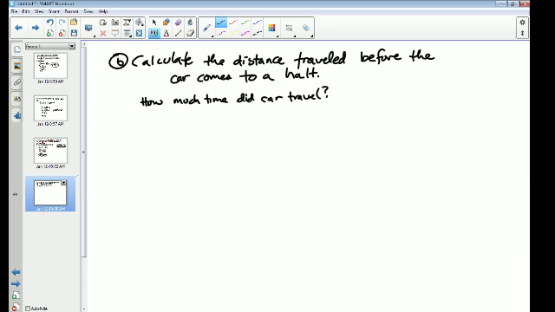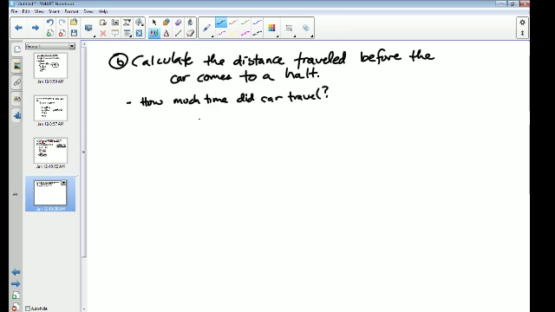That's kind of embedded in here, right? How can we figure that out? Setting the velocity equal to 0 will tell us when this car comes to a halt.